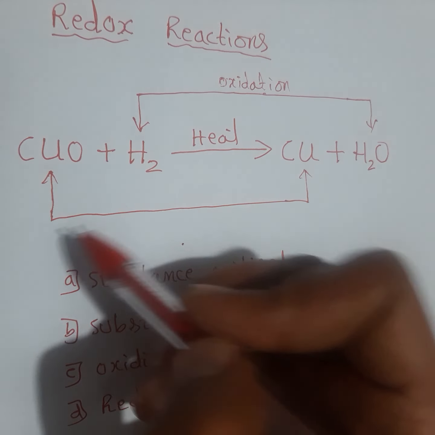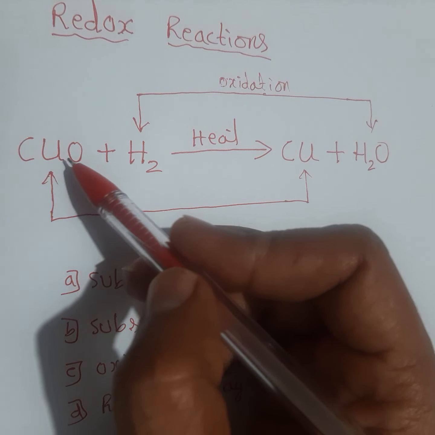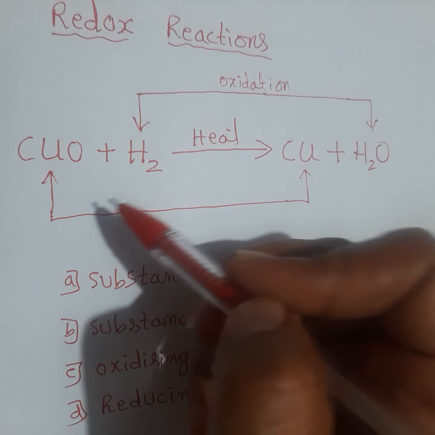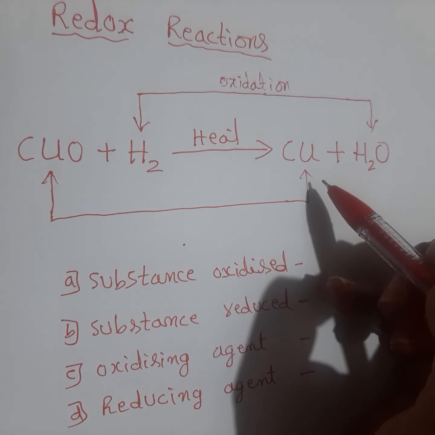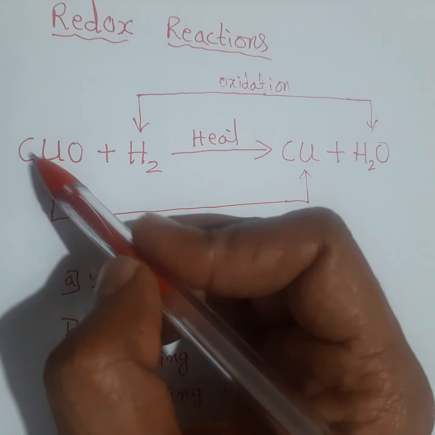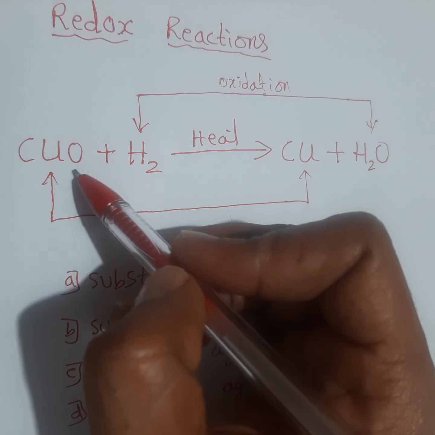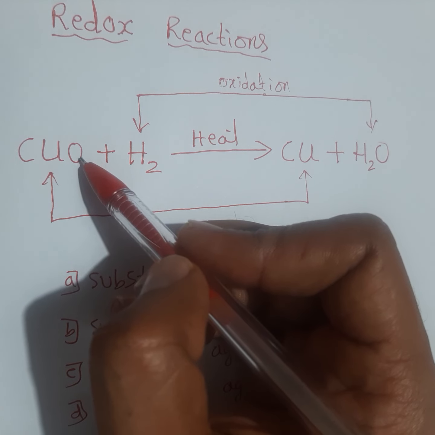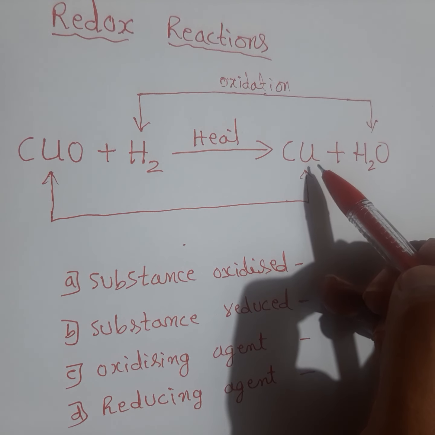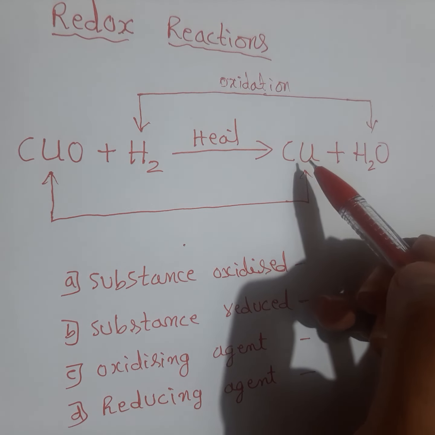And when you look at this arrow mark, here copper oxide on the reactant side is converted into copper. Here the copper oxide is losing oxygen, and on the product side you can observe only copper.